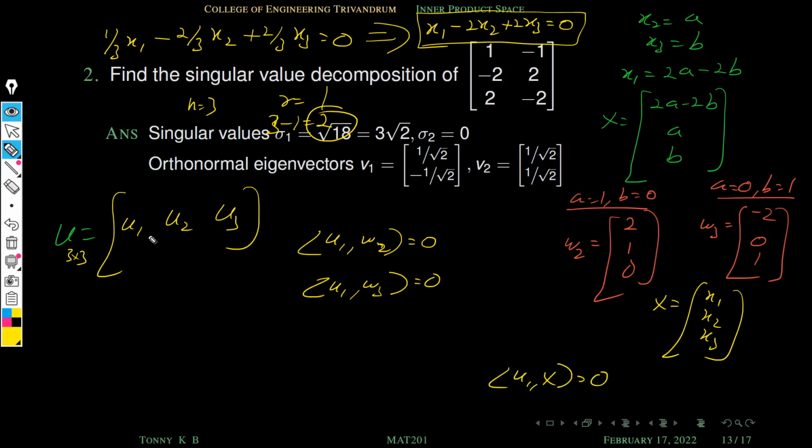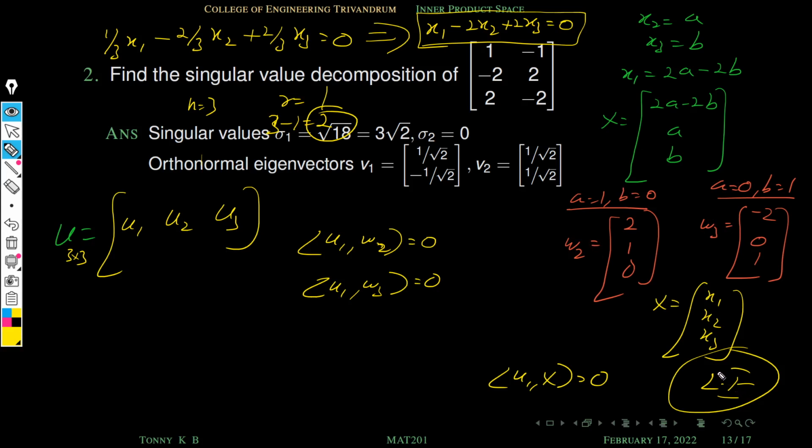But w2 and w3 need not be mutually orthogonal; they are linearly independent, because we chose w2 and w3 in such a way.